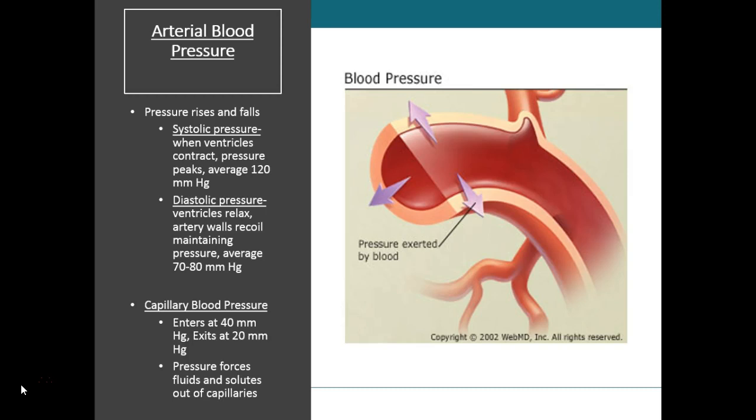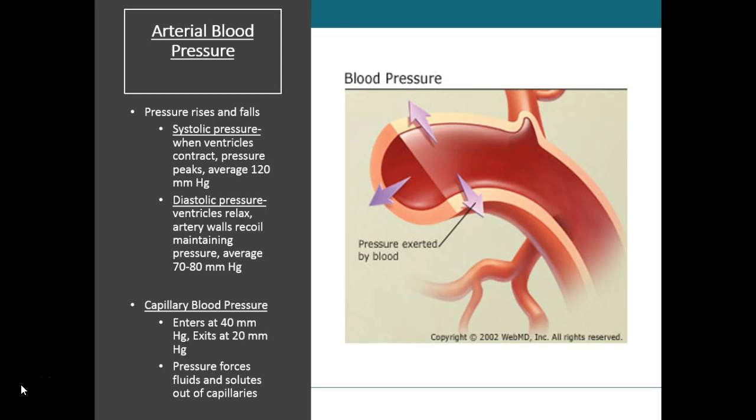So when we look at a typical blood pressure, we write it as a number over another number. It is systolic pressure over diastolic pressure. The systolic pressure is the pressure when the ventricles have contracted and the pressure in those arteries is at its highest. So the pressure peaks at a normal blood pressure of about 120 millimeters of mercury.